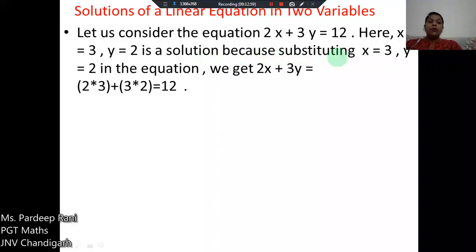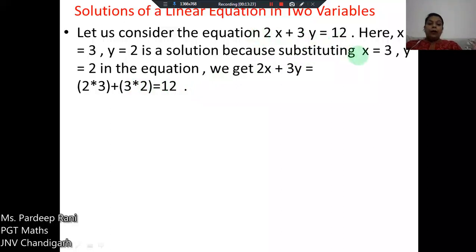Because on substituting x equal to 3 and y equal to 2 in this equation, we get 2 into 3 is 6 plus 3 into 2 is 6, and 6 plus 6 gives us 12, which satisfies the given equation in two variables.